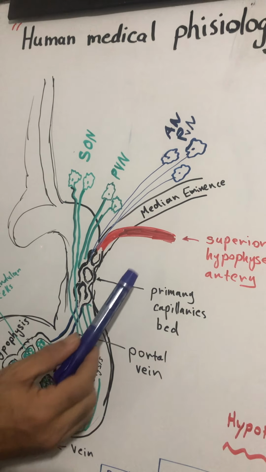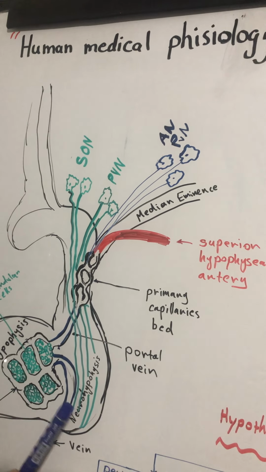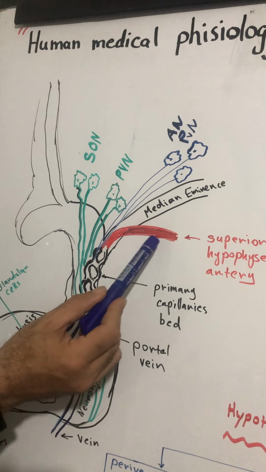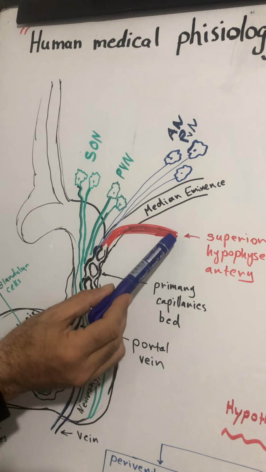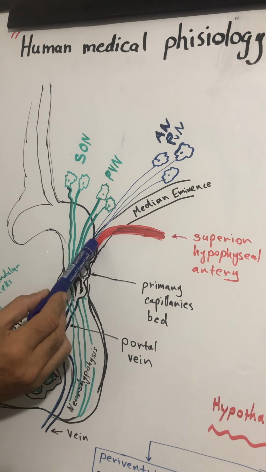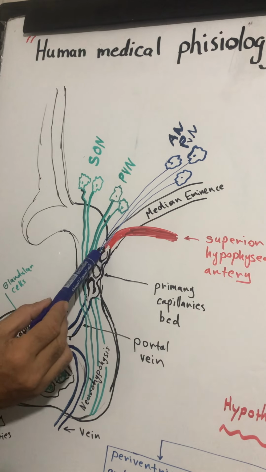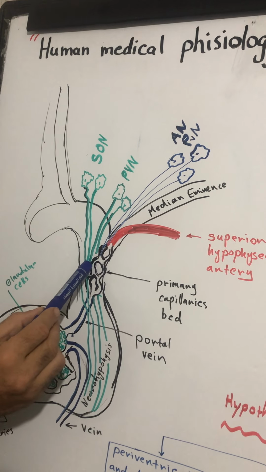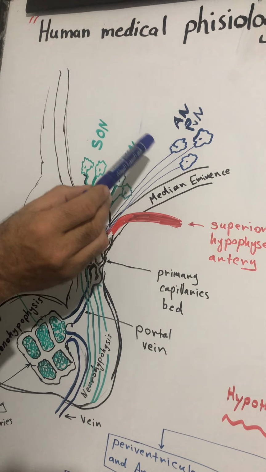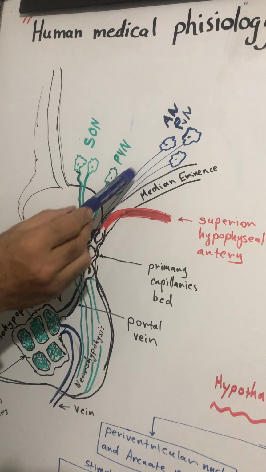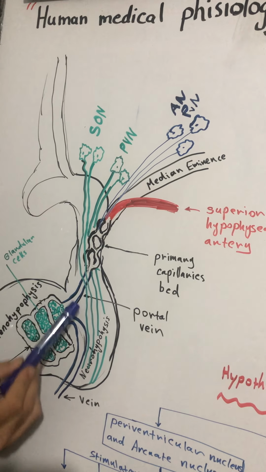Now, there is a specific circulatory system that is found here. The superior hypophyseal artery pours into a primary capillary bed where the neurons of the arcuate nucleus and periventricular neurons release their hormones.